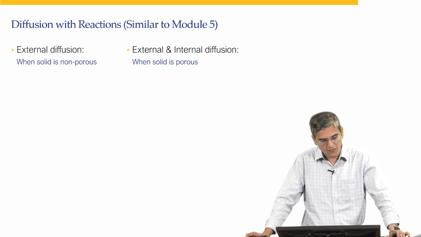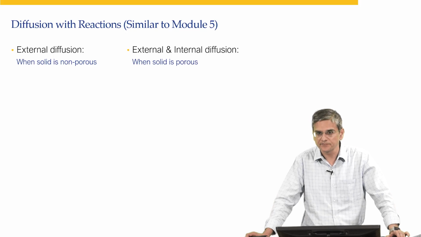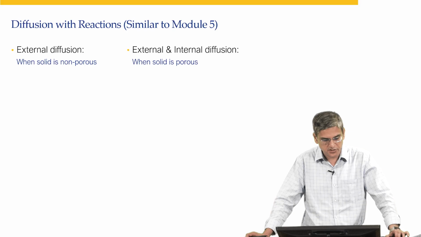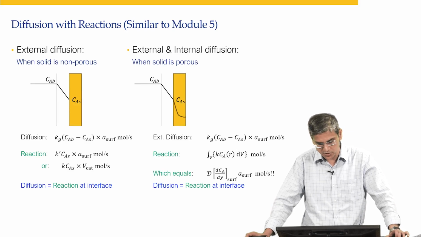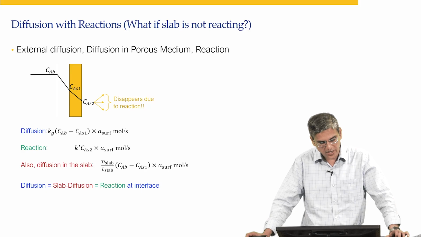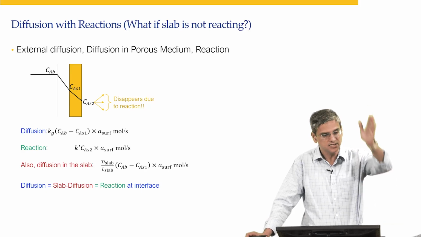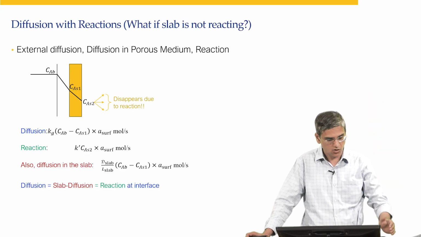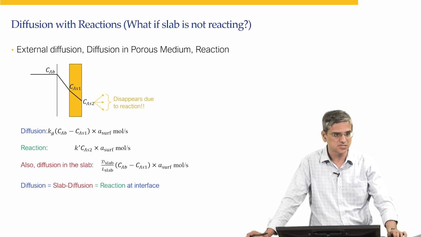This is what we are going to start off in the next lecture. We will start talking about external diffusion when the solid is non-porous, external and internal diffusion when the solid is porous, and do the analysis as we have done in module 5. Okay. What if the slab is porous and the reaction is taking place on the right surface?